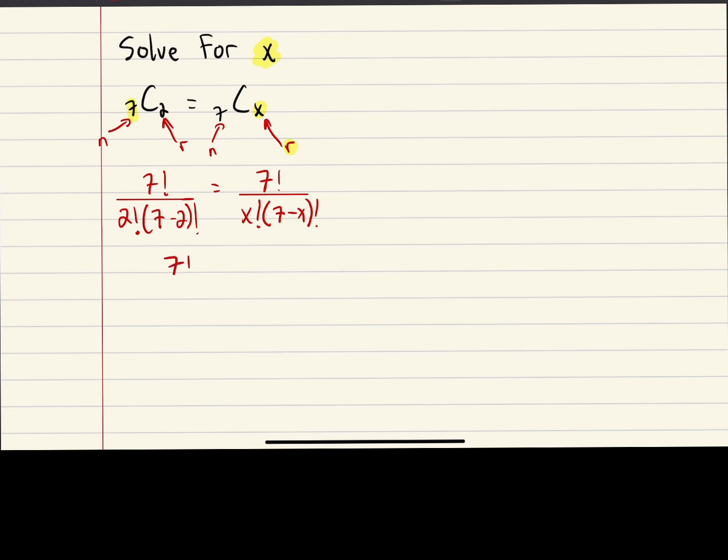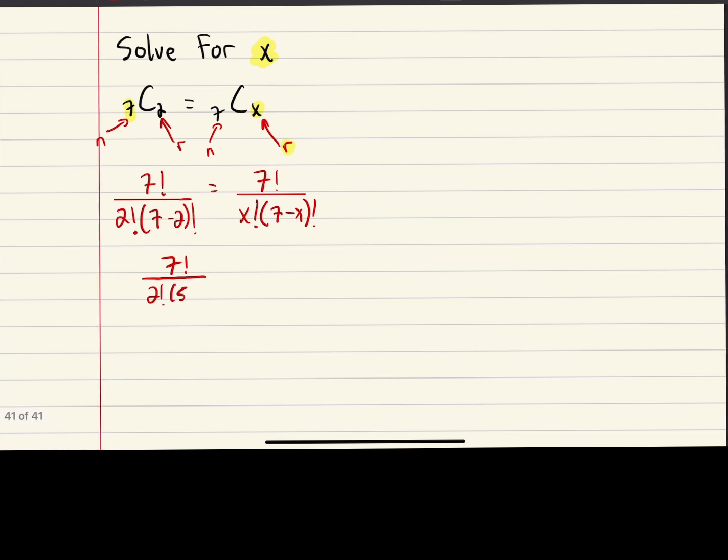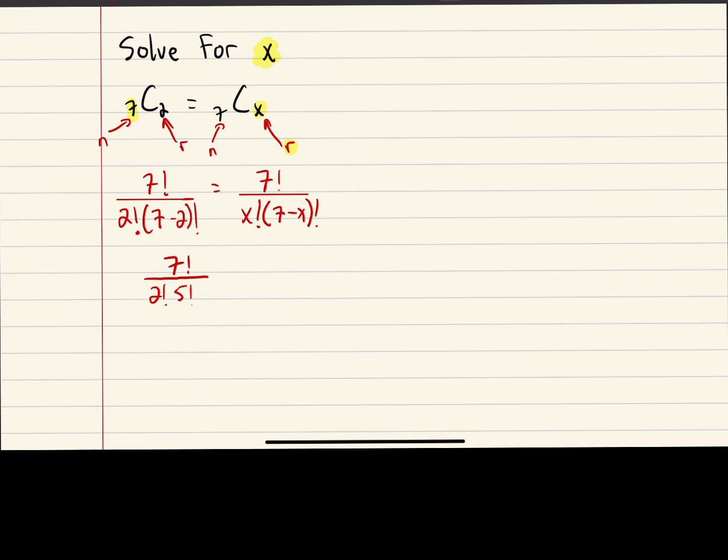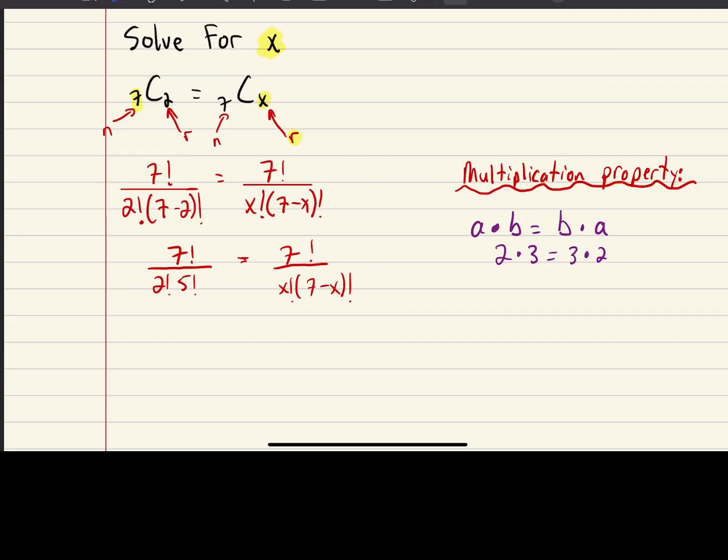So we're going to go 7 factorial over 2 factorial, and then of course this is going to be 5 factorial. And actually I don't need the brackets since I've solved within the brackets. And then this side is going to be 7 factorial over x factorial, and then 7 minus x factorial since we don't know what x is. So one thing to remember here is the multiplication property where a times b is equal to b times a.